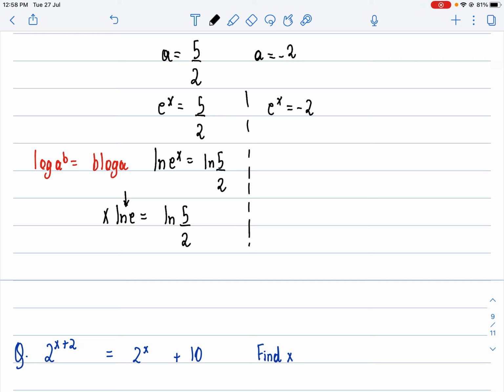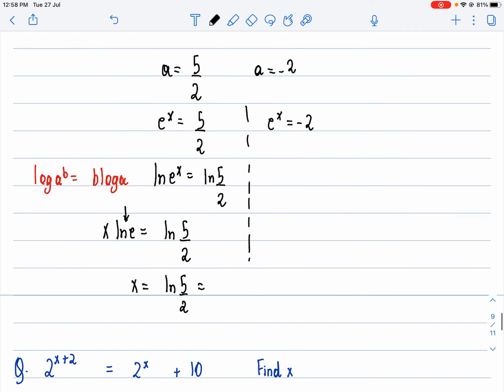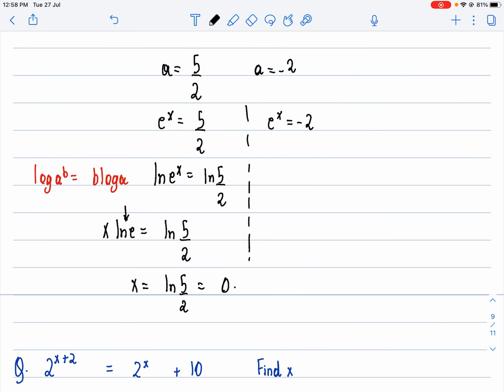So I get my x, which is equal to ln 5 over 2. Correct? So when I do ln 5 over 2 on the calci, I get my answer as 0.916.